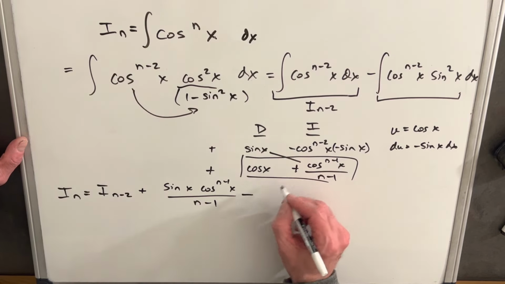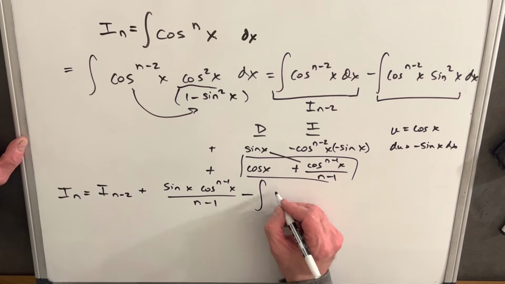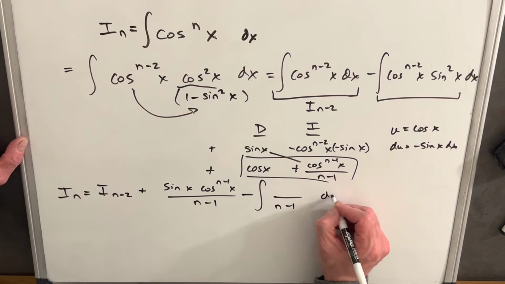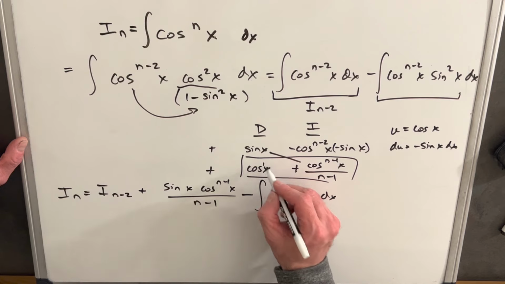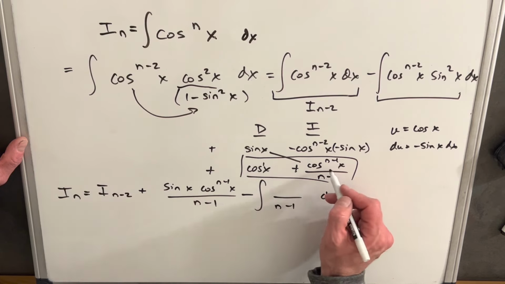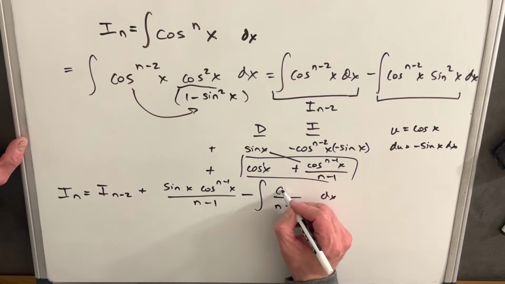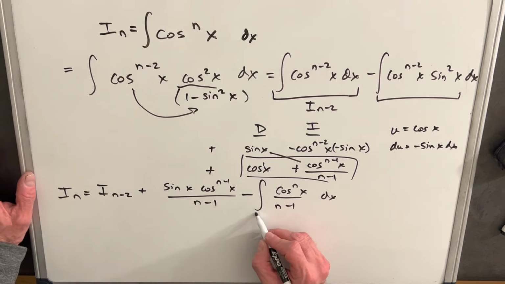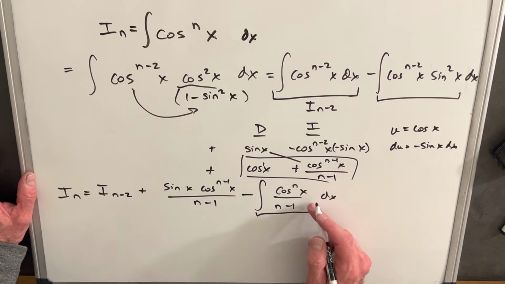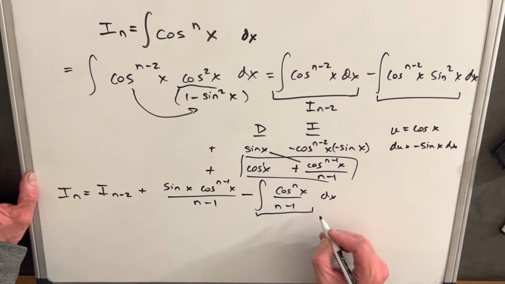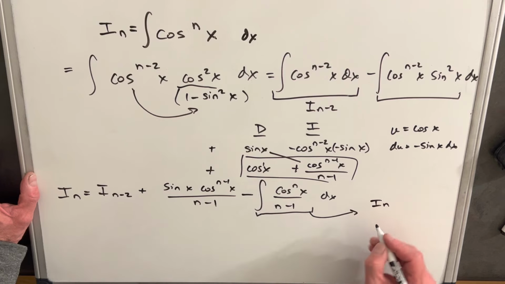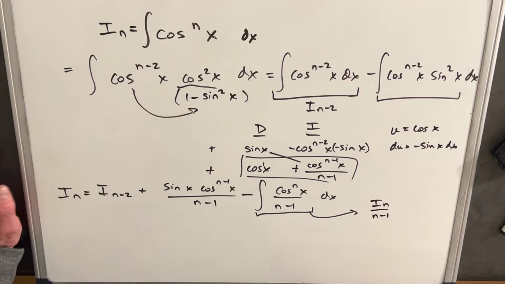So we have minus this integral, which is going to have n minus 1 in the denominator, dx. When we multiply cosine to the 1 x times cosine n minus 1, we just end up with cosine to the n x. And what I notice here is this expression looks really similar to our original integral. So we can write this as I sub n, but over n minus 1.